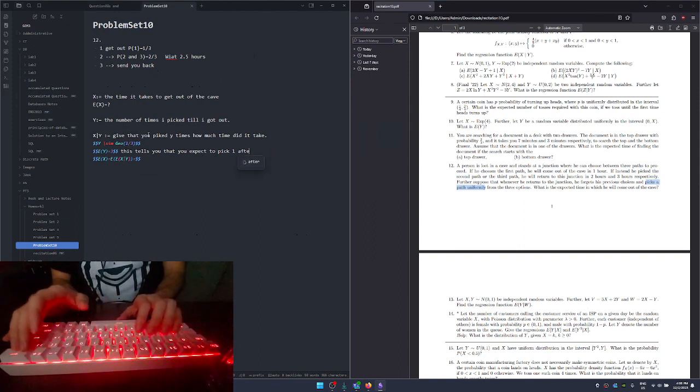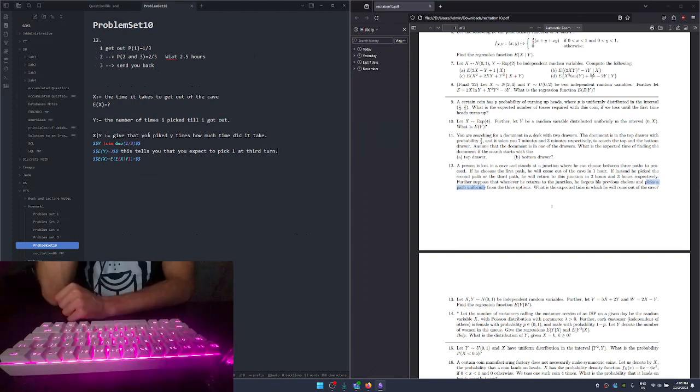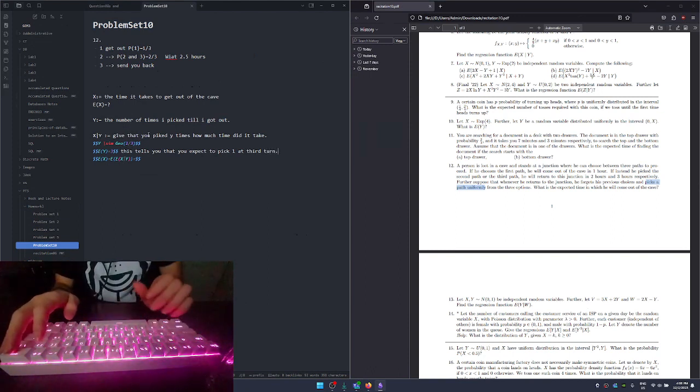At the third turn, you have to pick 1, so you leave at the third turn. You expect to have 3 turns, right?